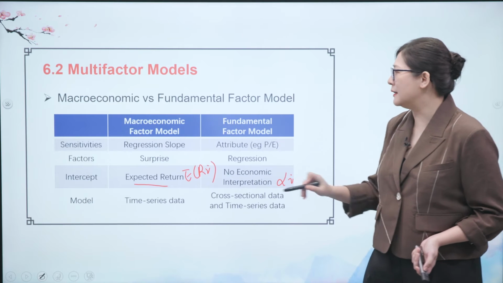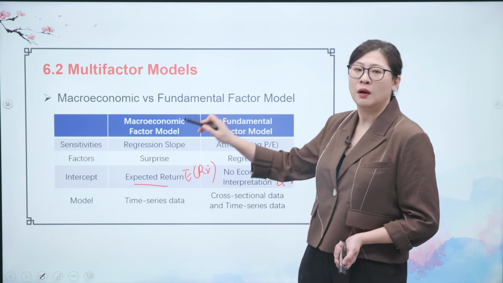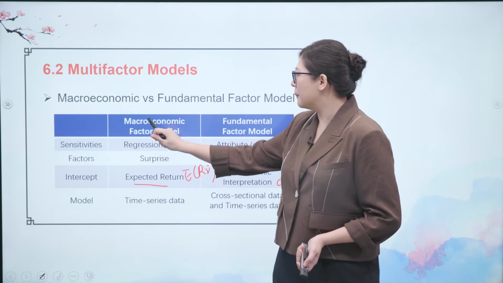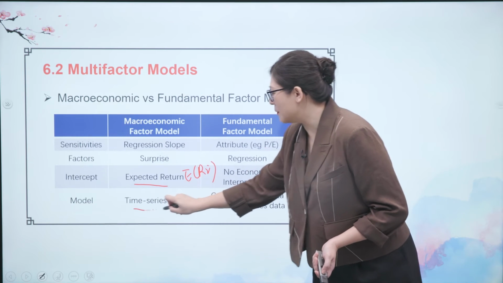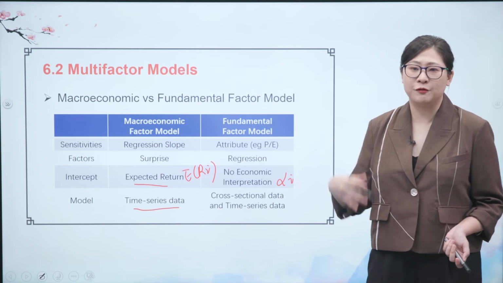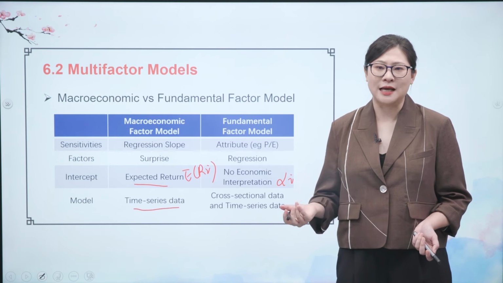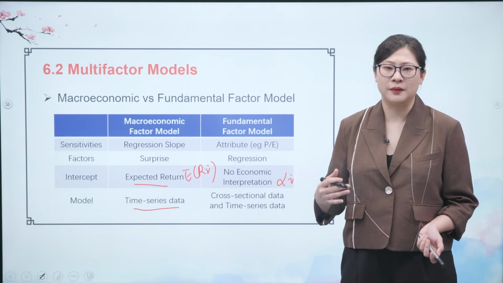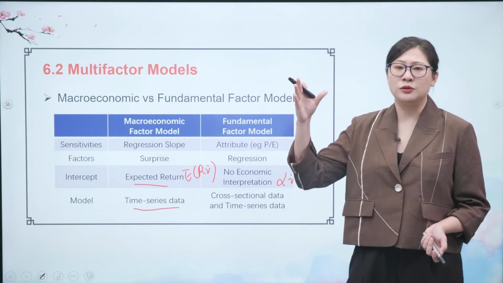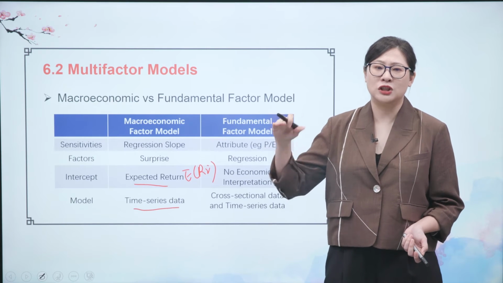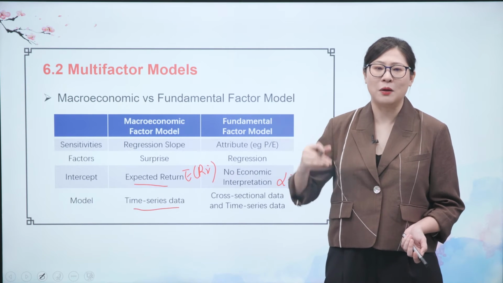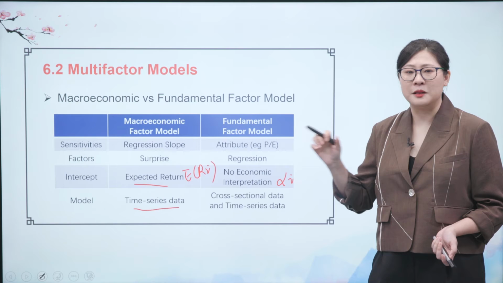Finally, the last difference between these two models is that for the macroeconomic factor model, we use time series data. So if we consider Guizhou Maotai's return, we use Guizhou Maotai's different time periods, day by day, and run the regression.